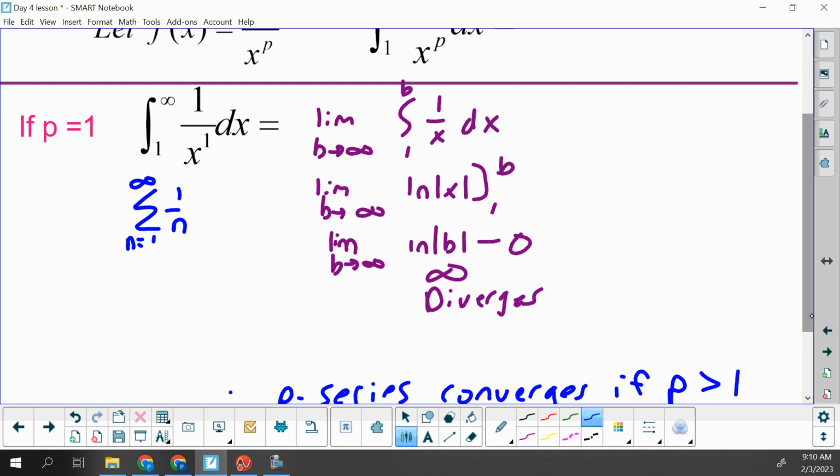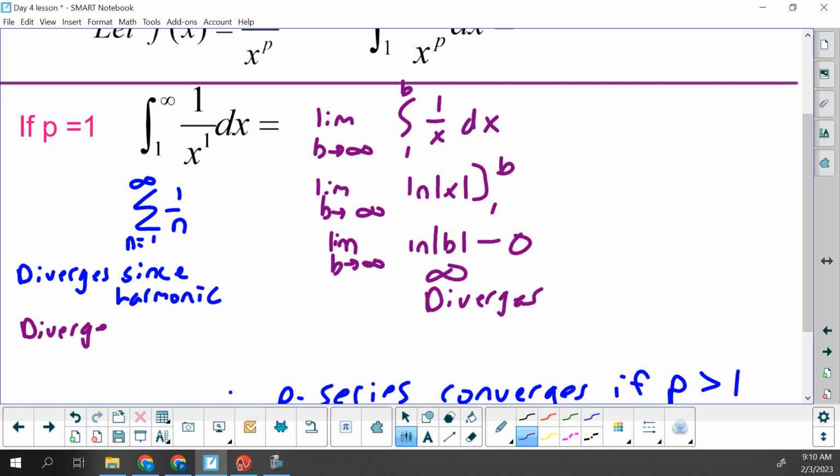We have seen twice now that it diverges, so you could say diverges since harmonic, or you could say diverges by p-series where p is greater than 0 but less than or equal to 1.